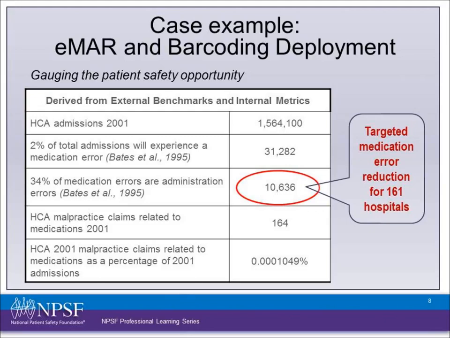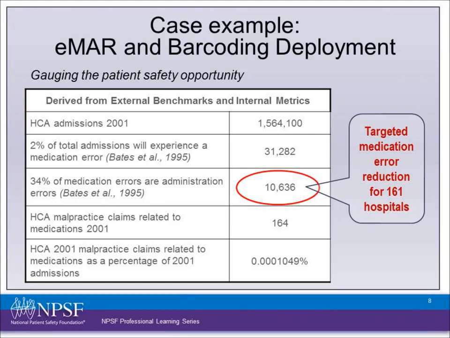So using those percentages from that study and the 2001 admissions, 1.5 million at HCA, we then derived an expected impact of eliminating 10,636 medication errors. We also went to our malpractice claims database and discovered we had 164 errors that resulted in claims that year, and looked at those also as a percentage of admissions.